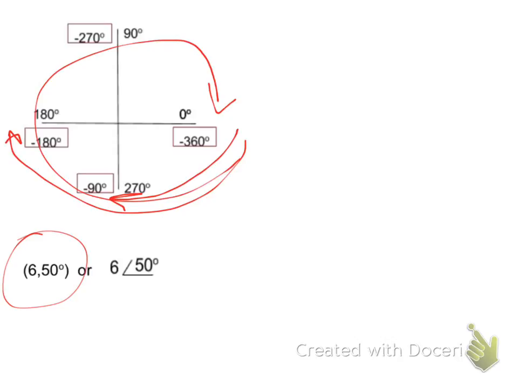That's not going positive 6 over and 50 up. That's going a 6 radius with a 50-degree turn. So essentially, I'm not saying that you won't ever see that, but for us, I am going to leave that out. I put that in there because the book states it. I wanted you guys to see that just in case. But for us, I'm going to use this notation here.